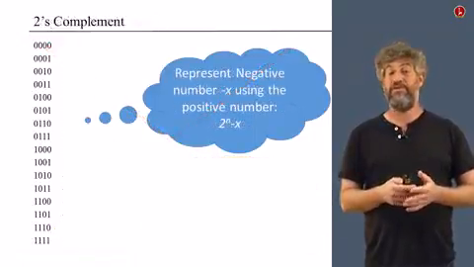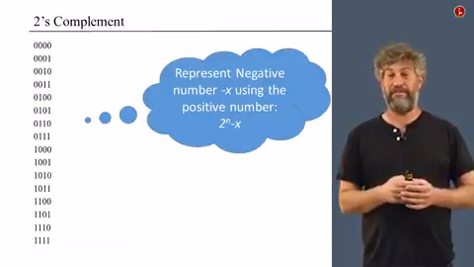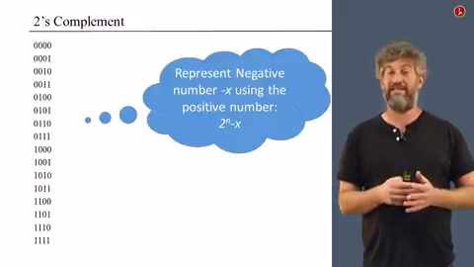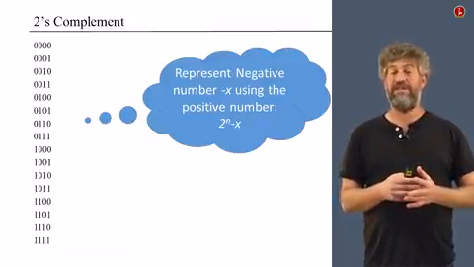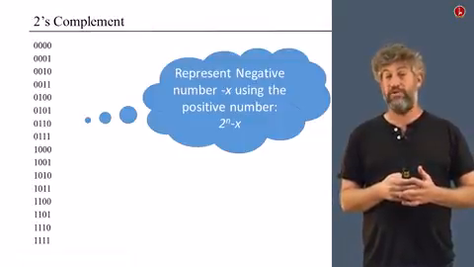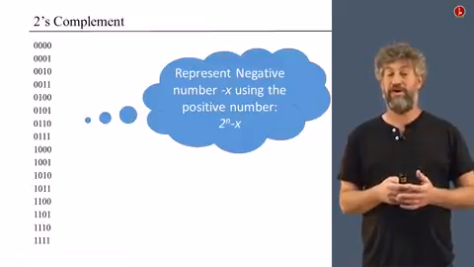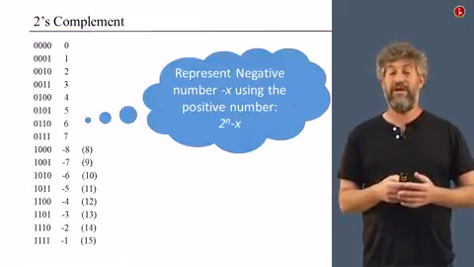Here is what people use instead. They use a system called 2's complement, and it has a very simple idea. If you want to represent a negative number, negative x, you just instead represent the positive number 2^n - x. In our case of 4 bits, 16 - x, which is going to be a positive number, and you're going to represent it like we've seen so far. So for example, in our case, here are the numbers.